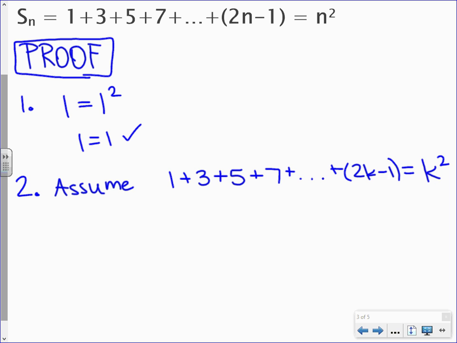And we're going to call this, I'm really sorry, S of k. And if this is S of k, then we're going to do some work with S of k plus 1.